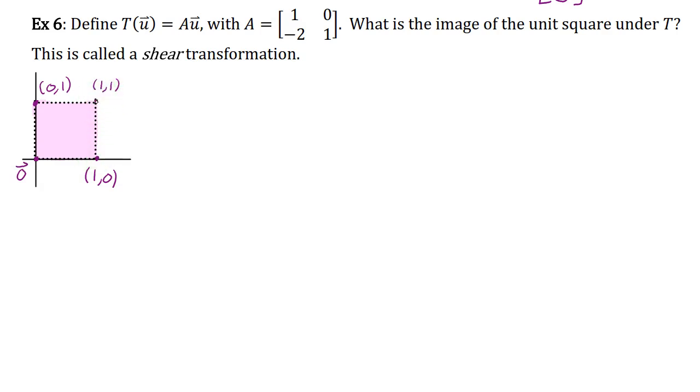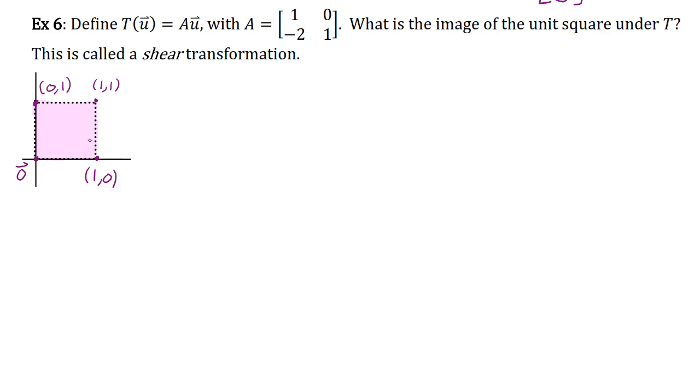So (1, 1) is part of the unit square. So is (1, 0.5) right here, etc. So when we say what is the image of this, we mean what is the set of outputs that correspond with these inputs. Where is this transformation going to move the square, in other words? What is it going to transform the square into?